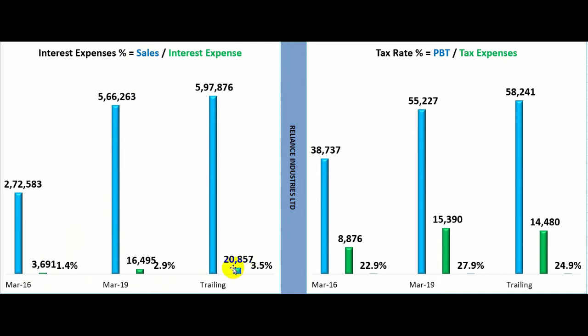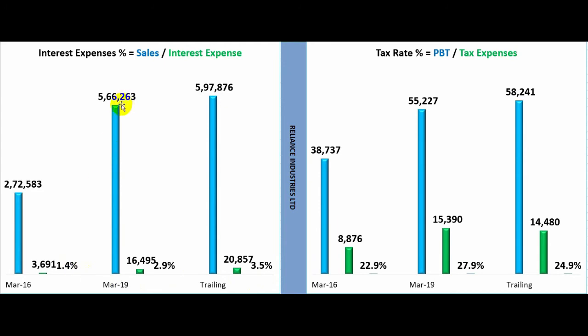But when we compare this interest cost against the revenue being generated, it is still at a very stable rate of 3.5% of the total sales. Even in March 19, it was 16,000 crores, but percentage-wise it was just 2.9%. And in March 16, it was 3,600 crores, but percentage-wise it was just 1.4%. So this is also good.